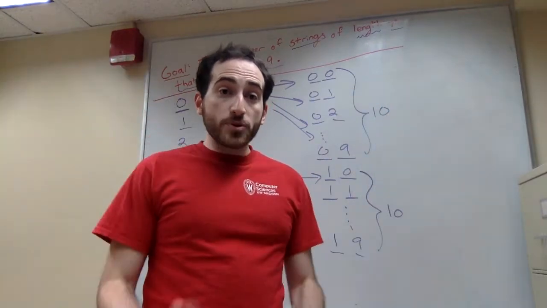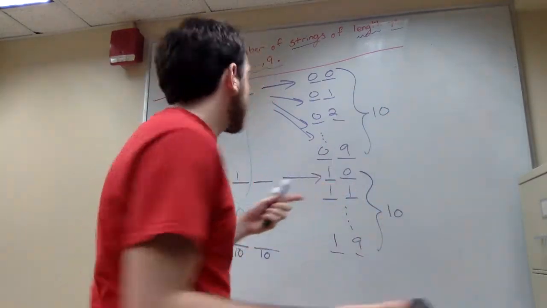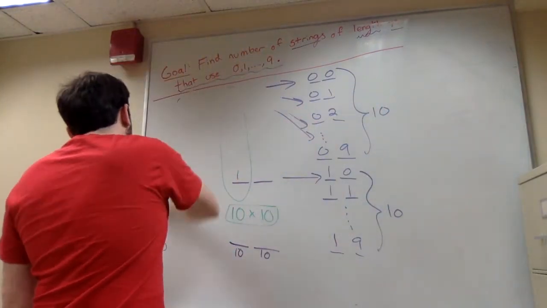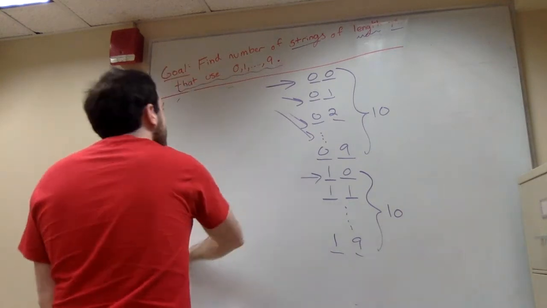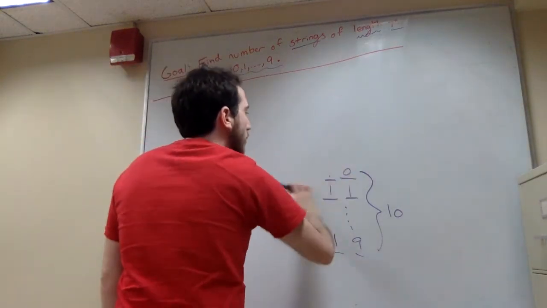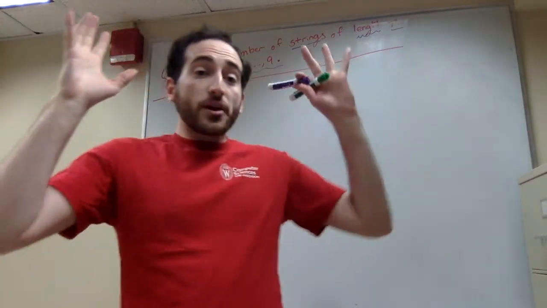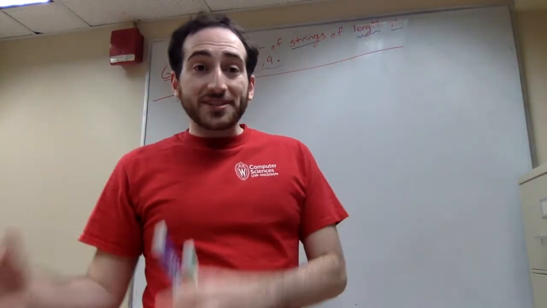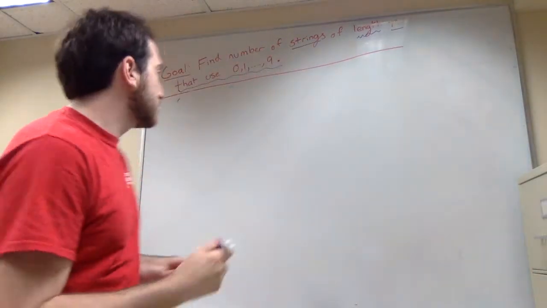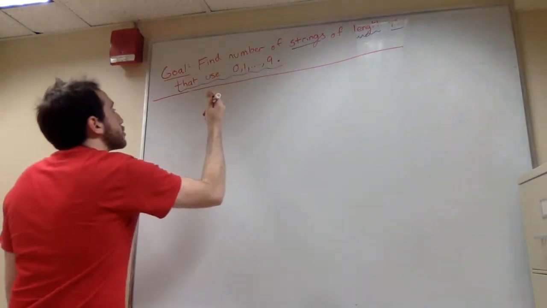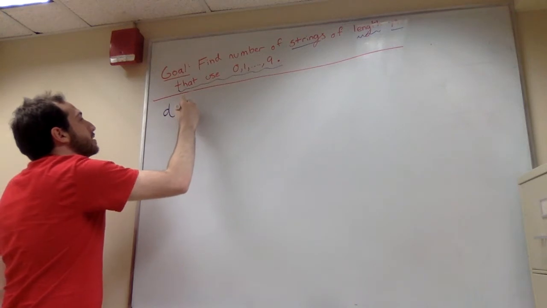What about the general case? For any arbitrary n, I want to calculate this. The idea is that we are going to write a math formula that we can plug n into that will calculate this for us. So I'm going to write a function, I'm going to call it d of n.